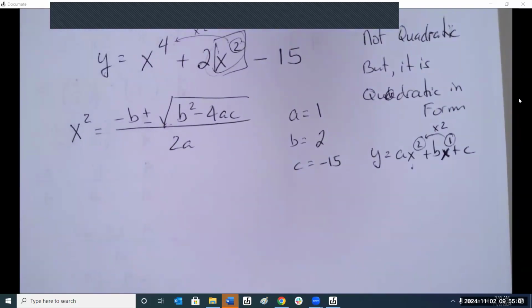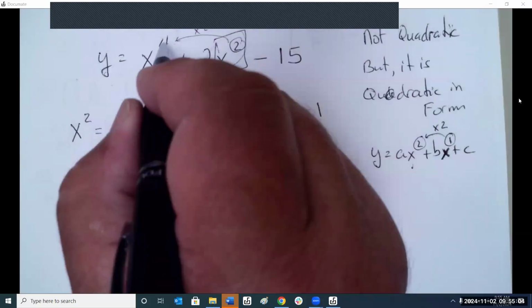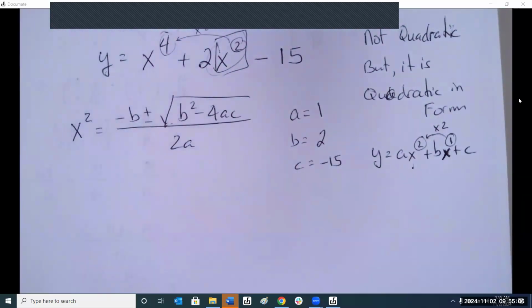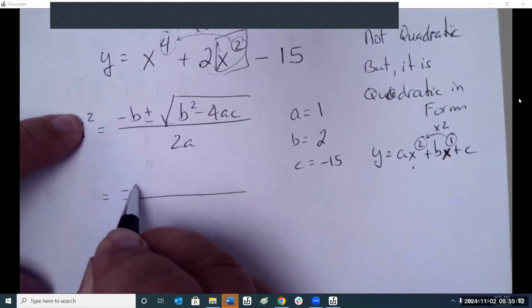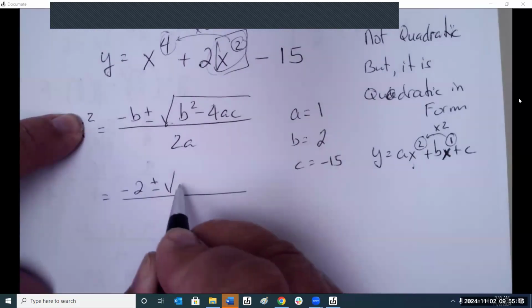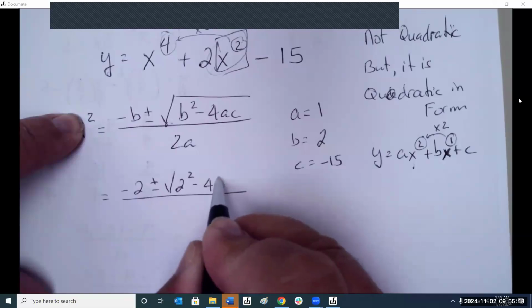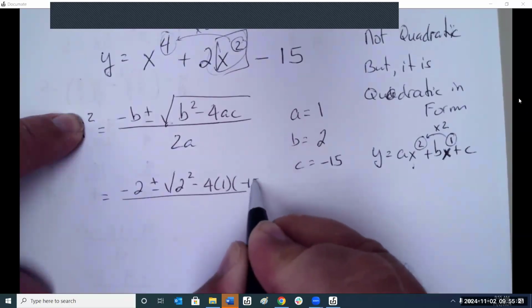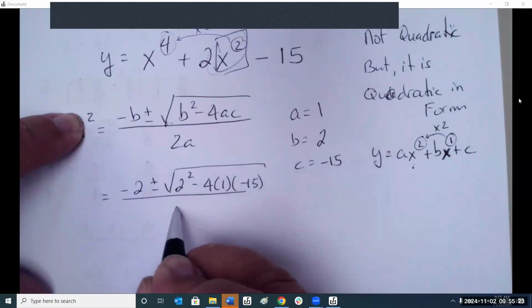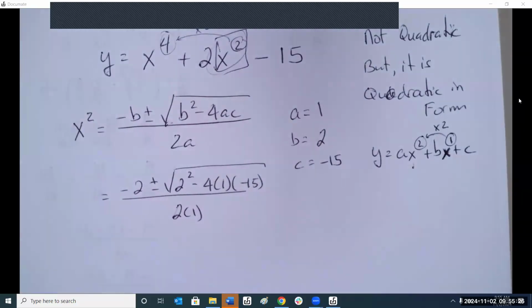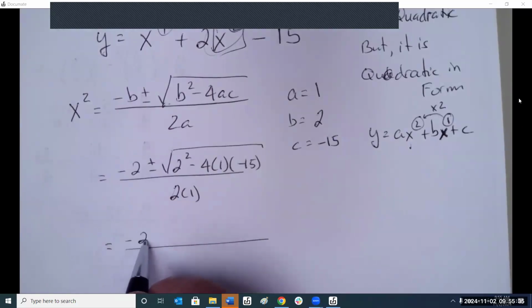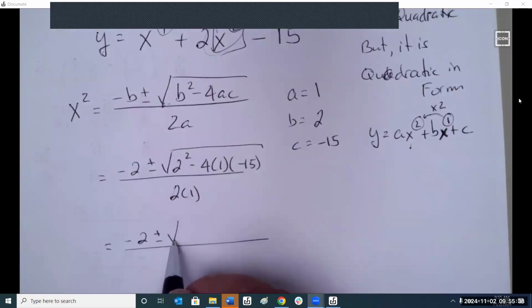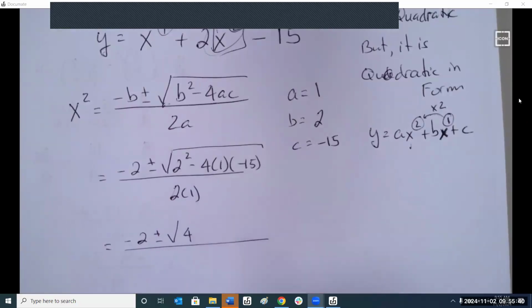How many answers are we supposed to have here? At most 4. So we have negative 2 plus or minus the square root of 2 squared minus 4 times 1 times negative 15, over 2 times 1. Just plug A, B, and C inside there. We have negative 2. 2 squared is 4.